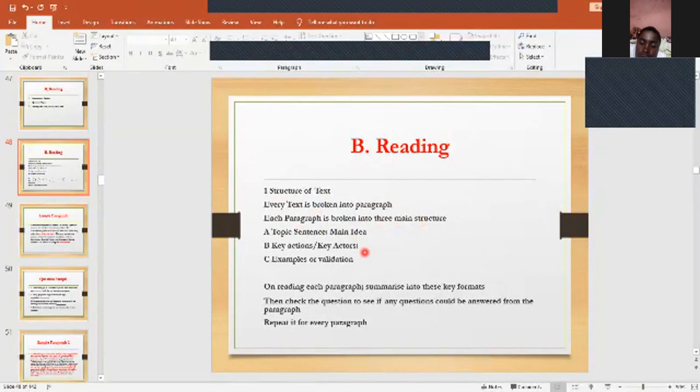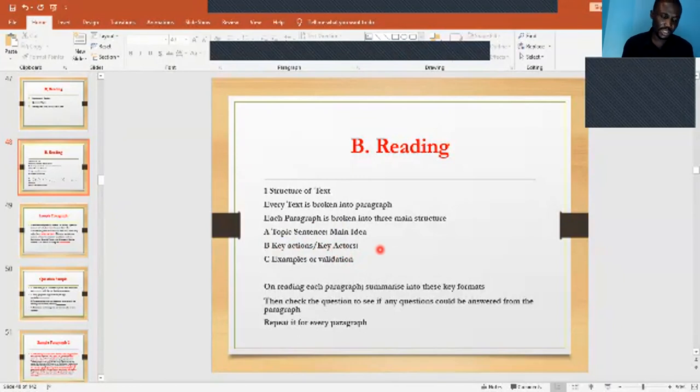Sometimes it could be two, but the first thing is the topic sentence. That is the main idea, that is, what is the paragraph talking about? Then the second part is the key actions or key actors.